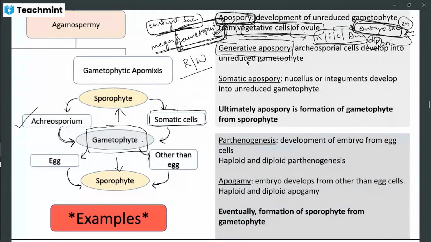So there are two types: generative apospory and somatic apospory. In generative apospory, the archaeosporial cells directly develop into the unreduced embryo sac. In somatic apospory, the nucellus or integuments develop into the unreduced embryo sac. Apospory generally stops with the development of the gametophyte.